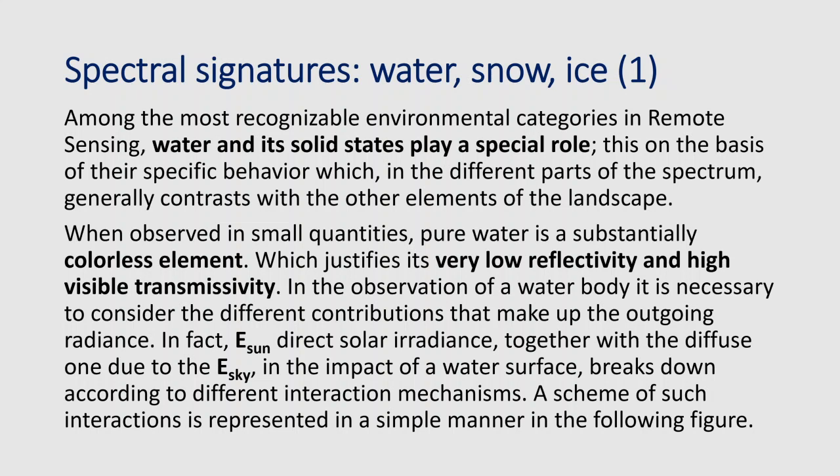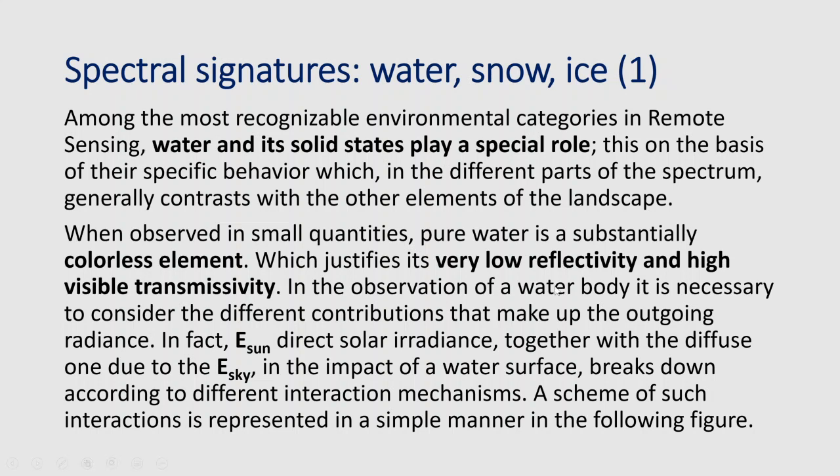So, when we are recording the radiance coming from the water, especially when the water is reflecting energy for a passive sensor coming from the sun, from our external source of energy, we need to consider that the water is reflecting energy from different layers of the water itself.